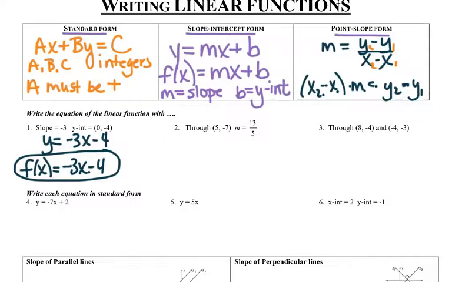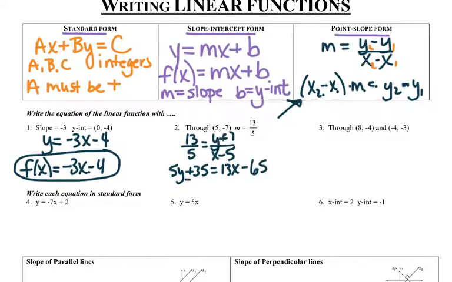Here, if I have a point and a slope, there's a couple ways you can do it, but I like to actually use point-slope form and say m equals 13 over 5 equals y minus -7, which turns to y plus 7, over x minus 5, and then cross multiply. And I'm going to distribute as I go, so 5y plus 35 equals 13x minus, what's 13 times 5? 65.